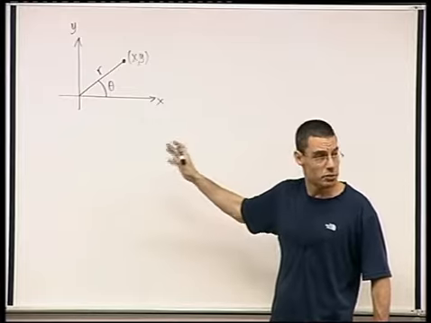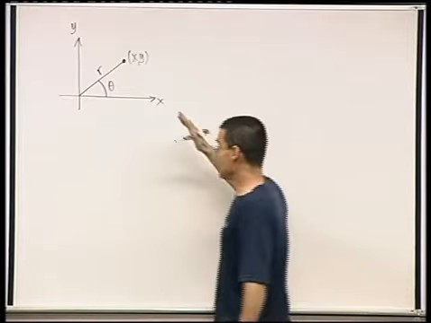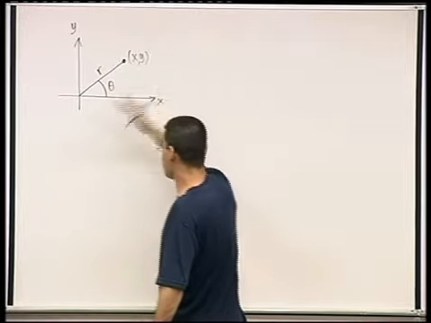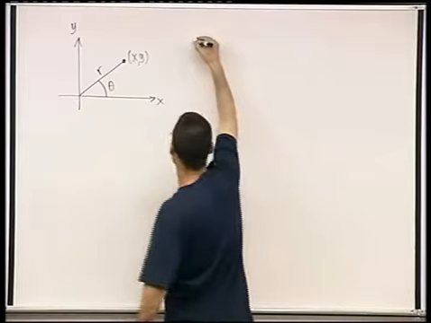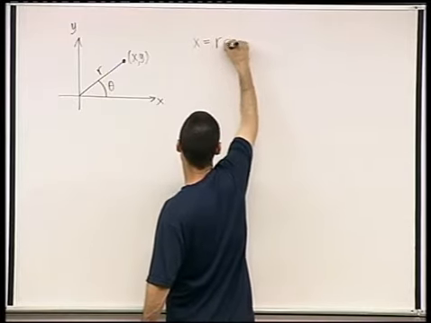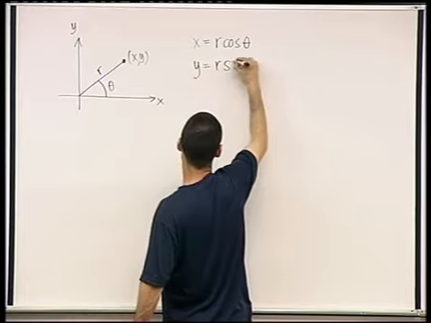This is really a review for everybody. Say yes. Okay. And the correspondence between x's and y's and r's and thetas is given by x equals r cosine theta and y equals r sine of theta.